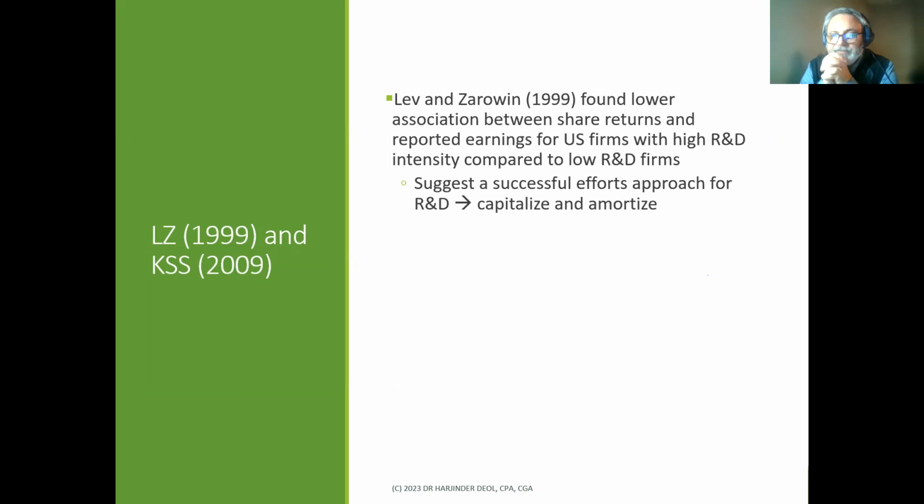They found that the association between stock returns and the net income reported by companies in the United States that had high research and development costs, compared to companies with lower research and development costs, was very low for stock returns and the amount of reported earnings.